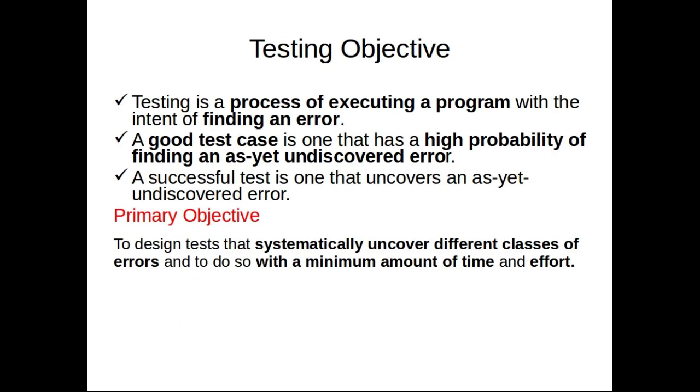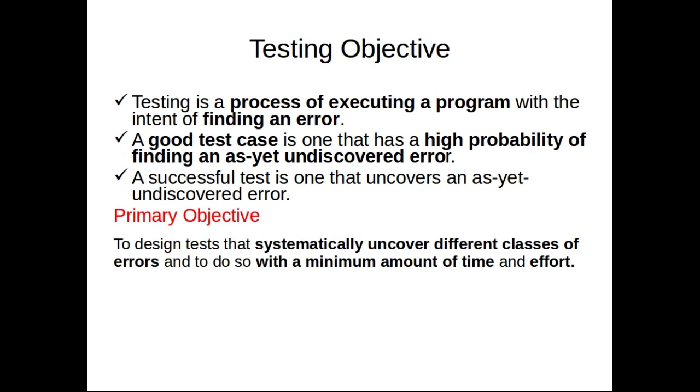Testing objective. Glenn Myers states a number of rules that can serve well as testing objectives. Testing is a process of executing a program with the intent of finding an error. A good test case is one that has high probability of finding an as yet undiscovered error.